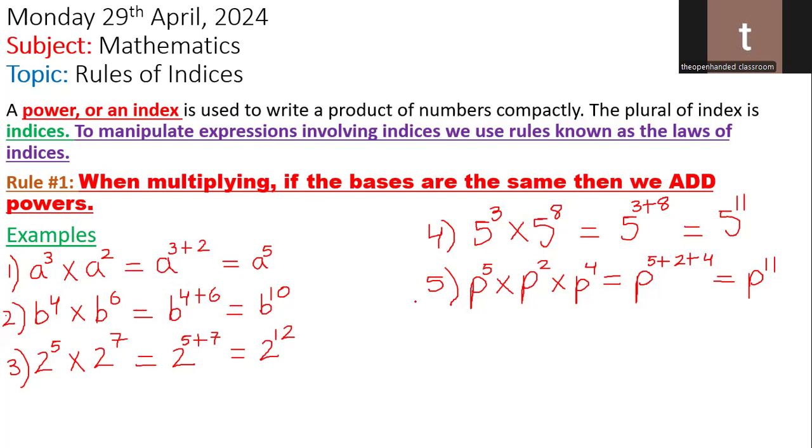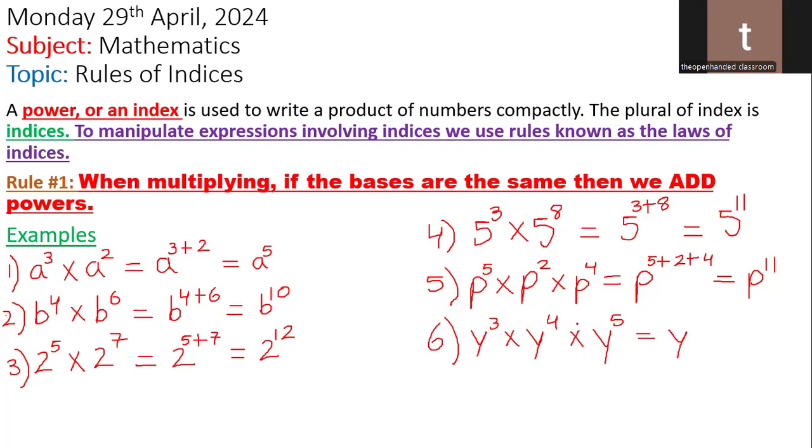And then we have number 6. Let's say that we have y to the power of 3 multiplied by y to the power of 4 multiplied by y to the power of 5. What would that be equal to? Y to the power of 12.